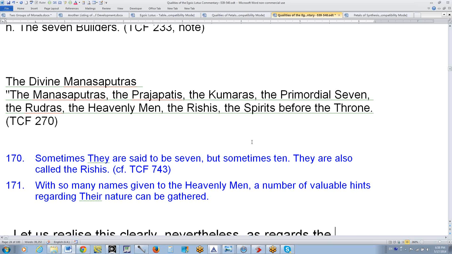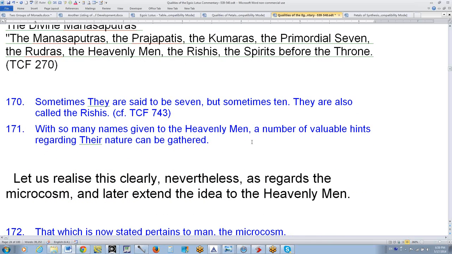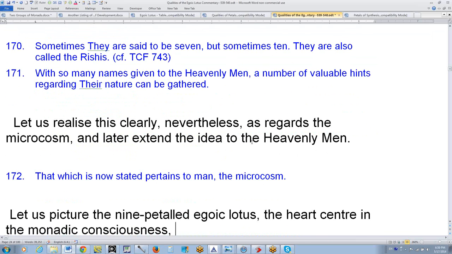As it says above, with so many names given to the heavenly men, a number of valuable hints regarding their nature can be gathered. So DK goes on and says, let us realize clearly, nevertheless, as regards the microcosm, and later extend the idea of the heavenly men. Well, he's giving us a lot about the heavenly men first, and we can generalize from our understanding, hopefully increasingly clarifying, of the microcosm. So that which is now stated pertains to man, the microcosm.